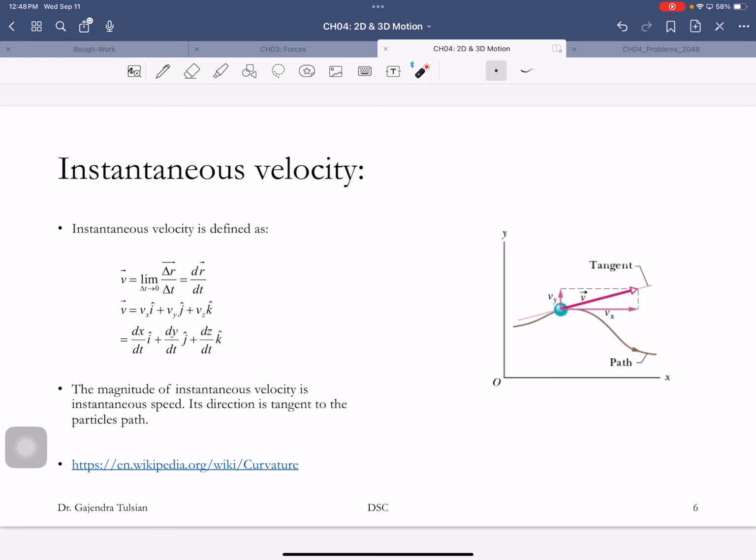So instantaneous velocity is what we're interested in. It's dr by dt.